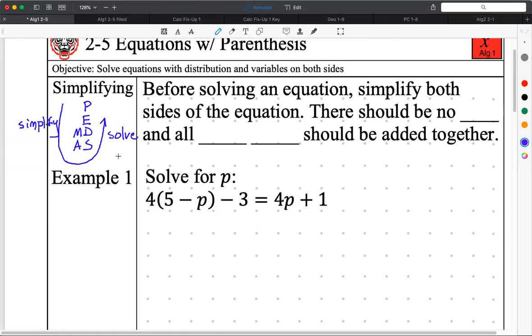So you need to simplify both sides of the equation. There should be no what? Or maybe we can even jump ahead. What are the things that we are always asked to add together? There's two words here. Ripley, go for it.